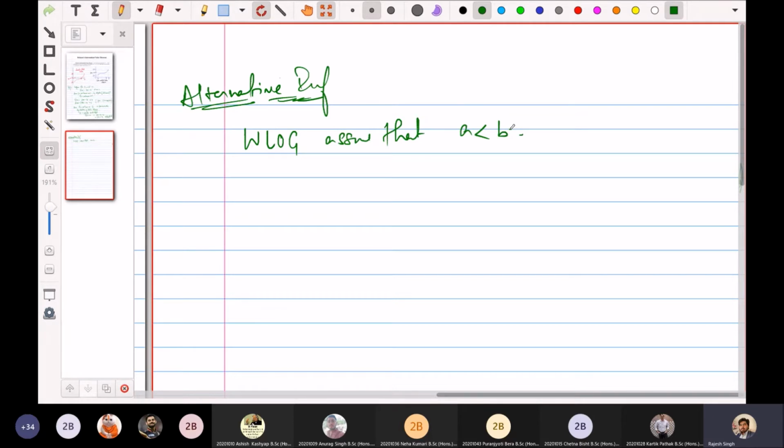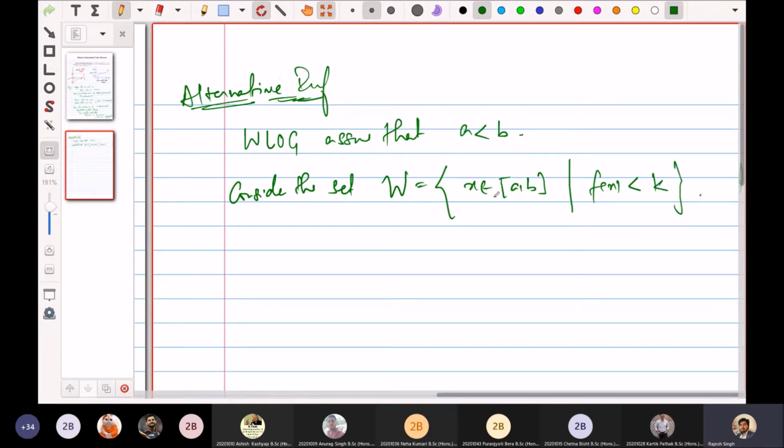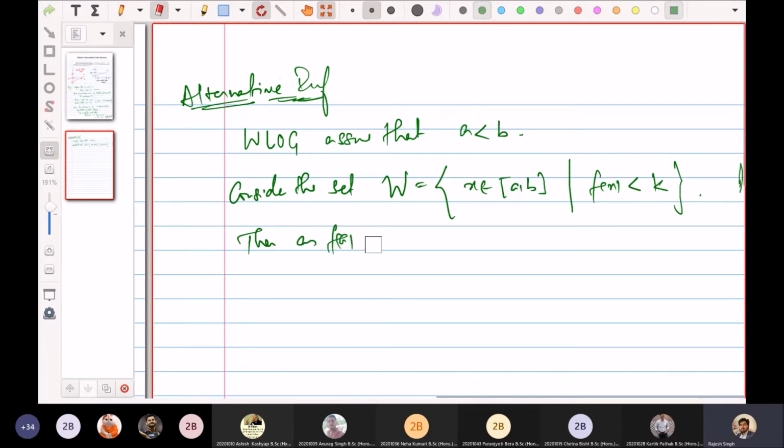Now consider the set W equal to x belonging to AB such that f of x is less than k. So we are collecting all those points in the interval AB for which the value of the function f of x is less than k.